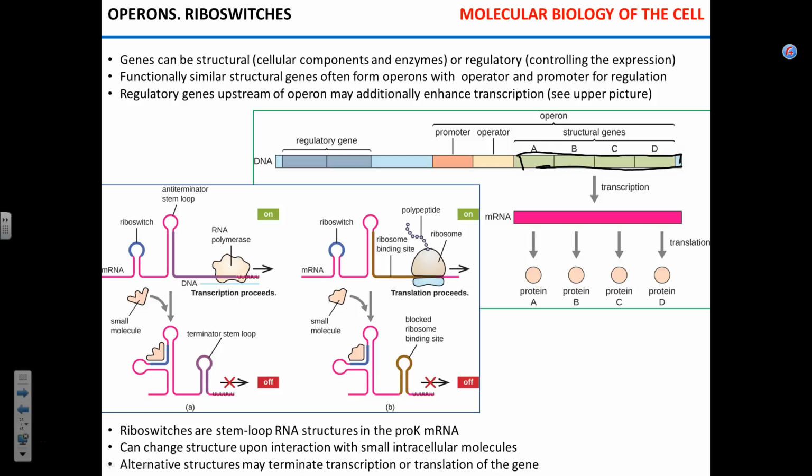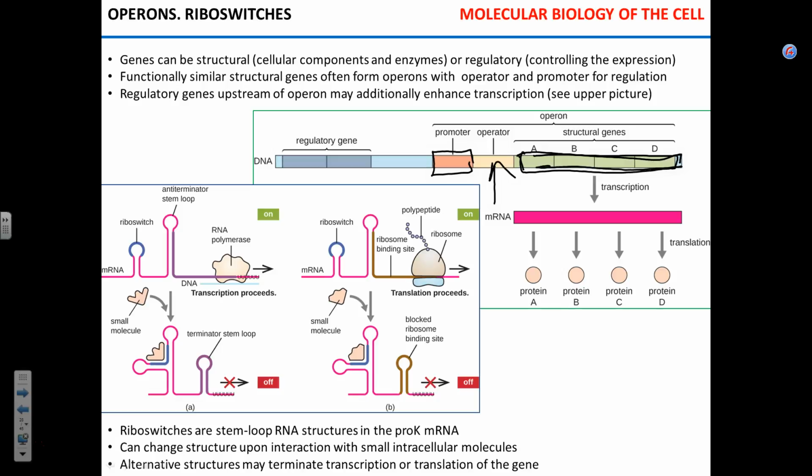Remember? The short fragment that does not encode for anything. It serves entirely for RNA polymerase binding. Okay? Here's the promoter in the operon. You can see that between the promoter in the structural genes the sequence that is called operator.